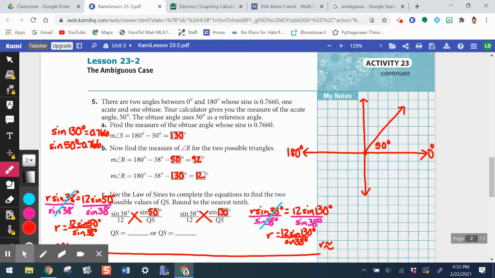So the sine of the acute angle 50 degrees is 0.766. The obtuse angle actually uses the 50 degrees as a reference angle. So we're going to take 180, subtract the 50 degree angle, and we find that the other possibility for the obtuse angle is 130 degrees because the sine of 130 and the sine of 50 are the same thing.